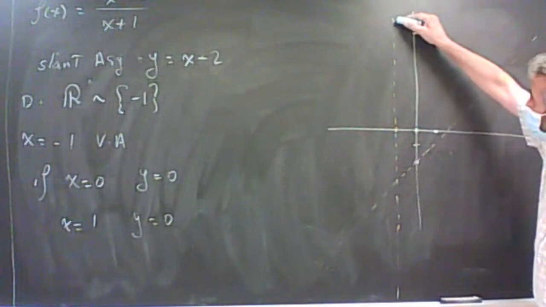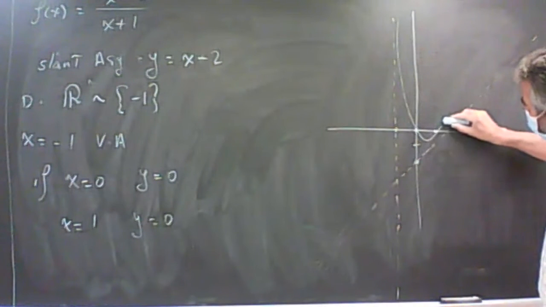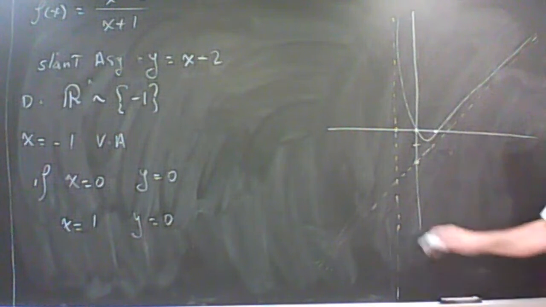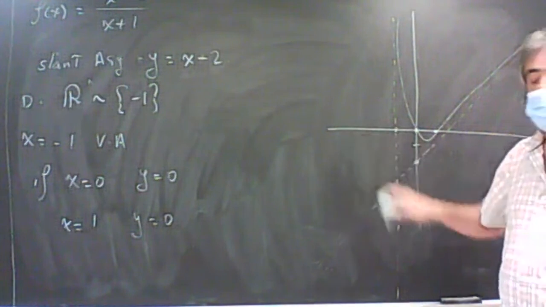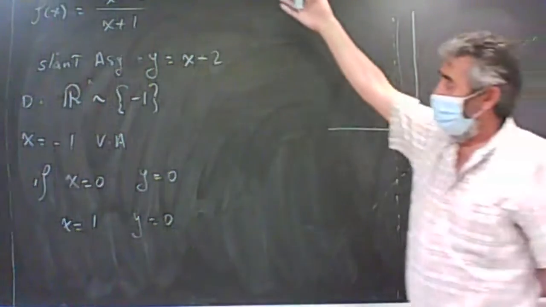So that means it's coming what? Going to come down and it's going to go in that area. Okay? So now we can take a point on this side. Point on this side, let's see what we get. -2.